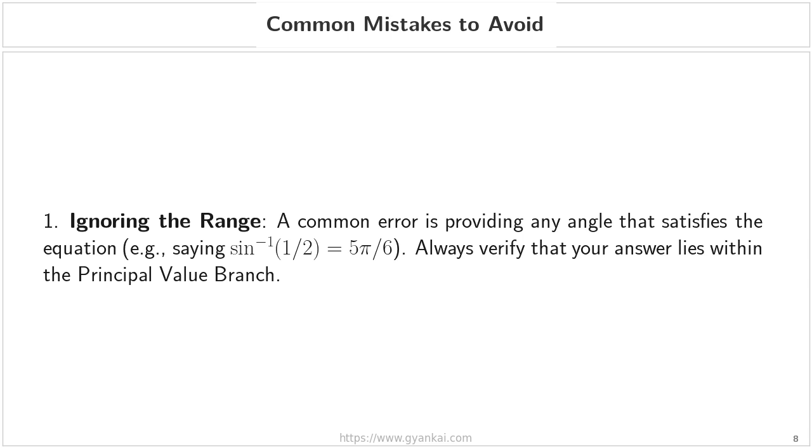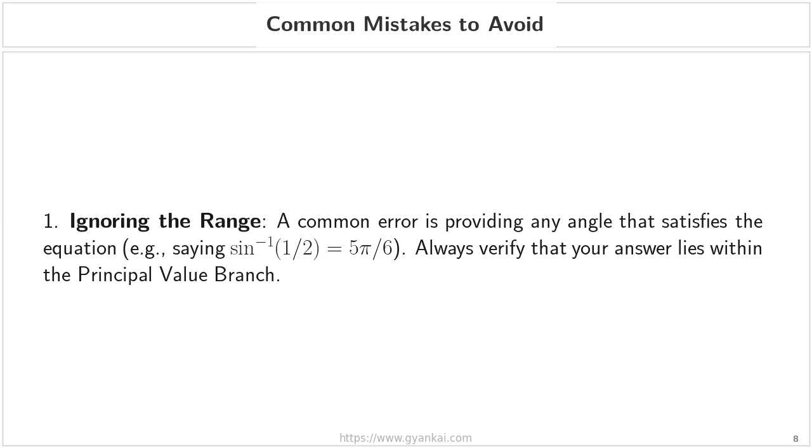For example, if you are calculating the inverse sine of 1/2, you might be tempted to say the answer is 5π/6. While it is mathematically true that the sine of 5π/6 is 1/2, this angle does not fall within the required interval.